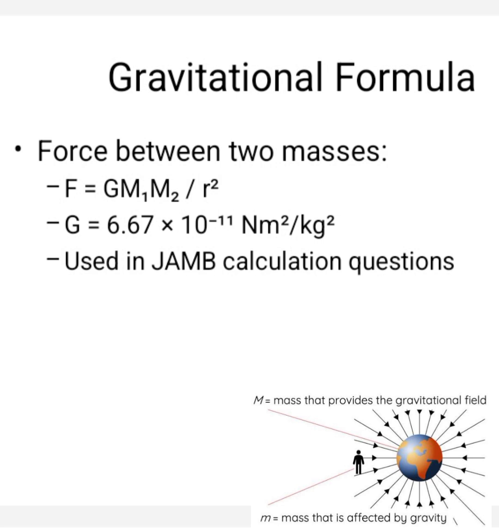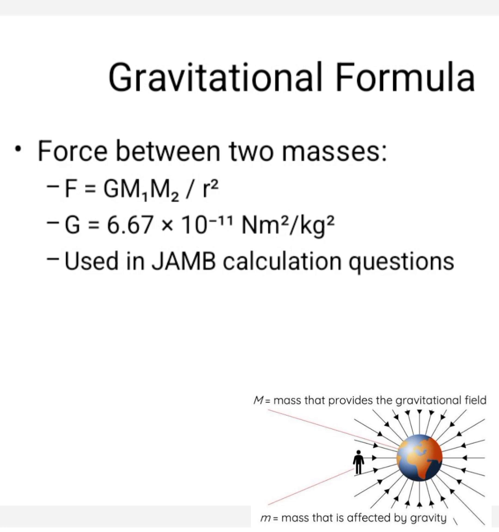Then we have the values of M1 and M2 over R square. We'll be able to use it in JAMB. So once they ask us to find the gravitational force, we use this one.